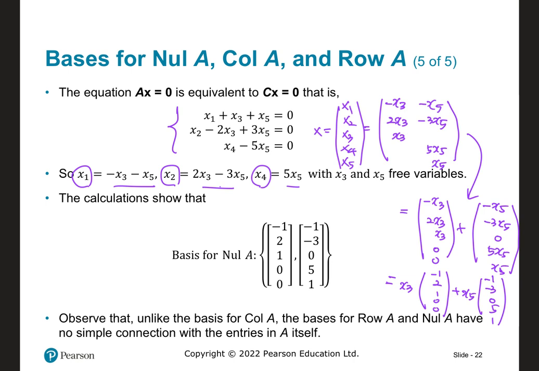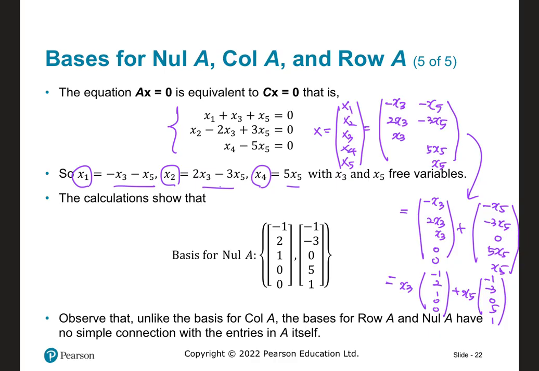And as I said, when I describe the solution of the homogeneous problem with respect to these free variables, those two vectors appearing in this expression are always linearly independent, right? And that can be easily checked by looking at the entries corresponding to these free variables.